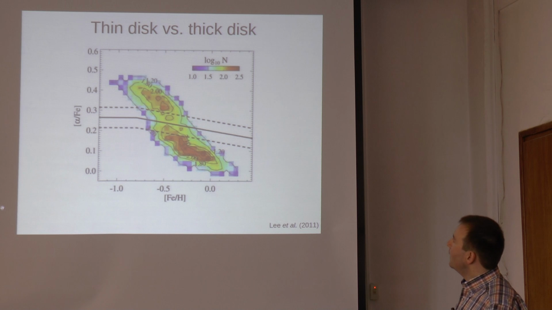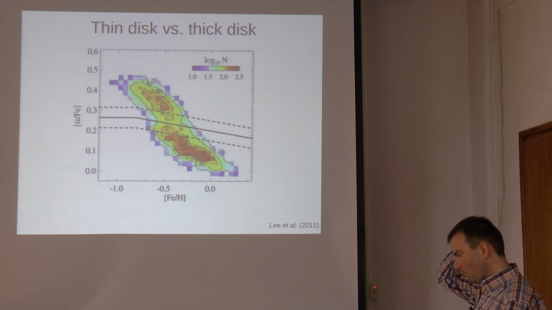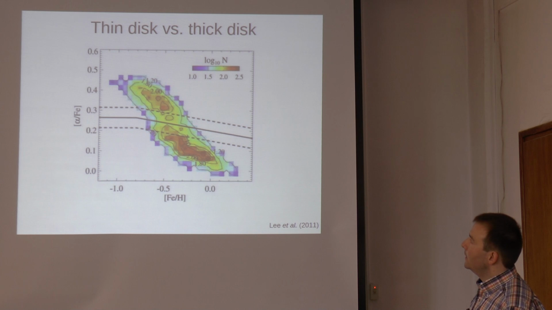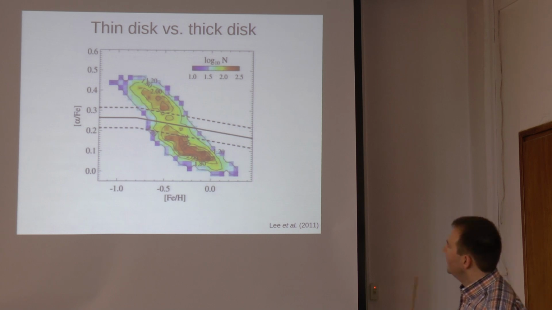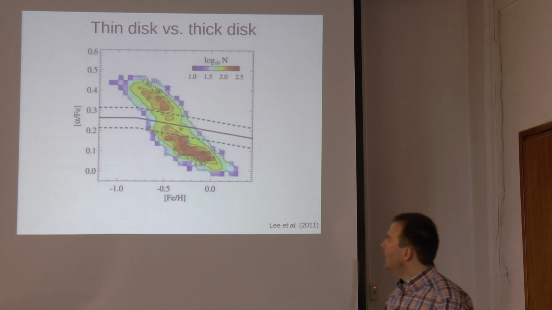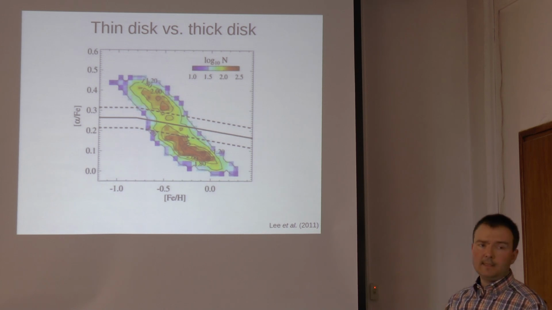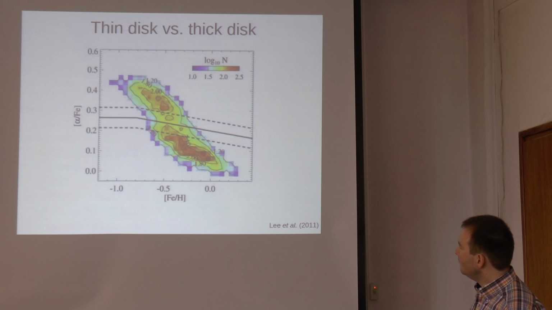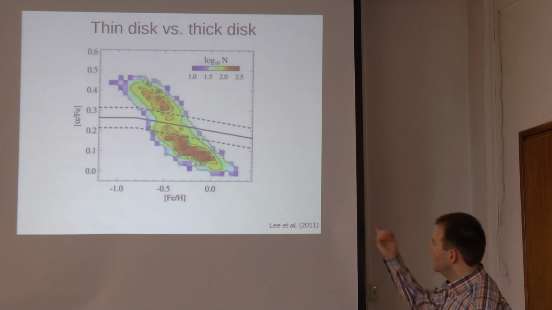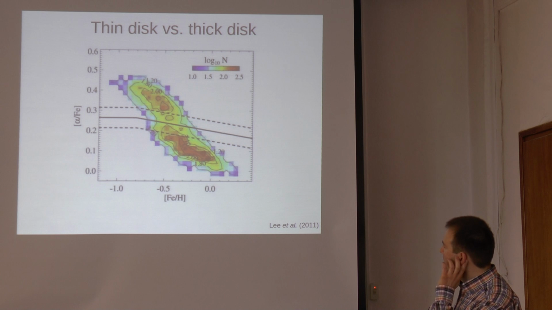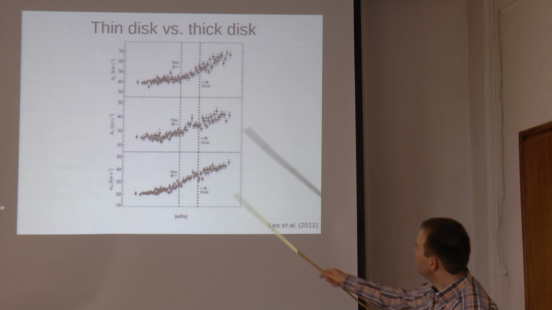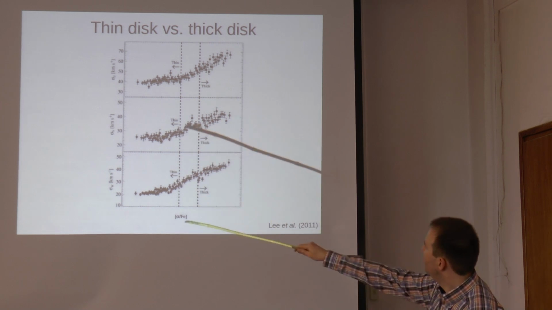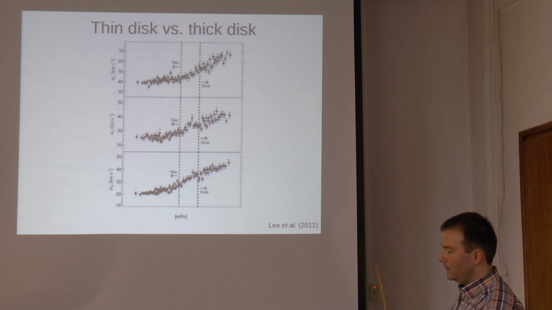And then there are also works on how to distinguish thick and thin disk stars, because they are kinematically different, though not very much. What probably differs is the abundance of alpha elements in these stars, but there is still work on it. And here is the difference in kinematics for thin and thick disk stars in different directions.